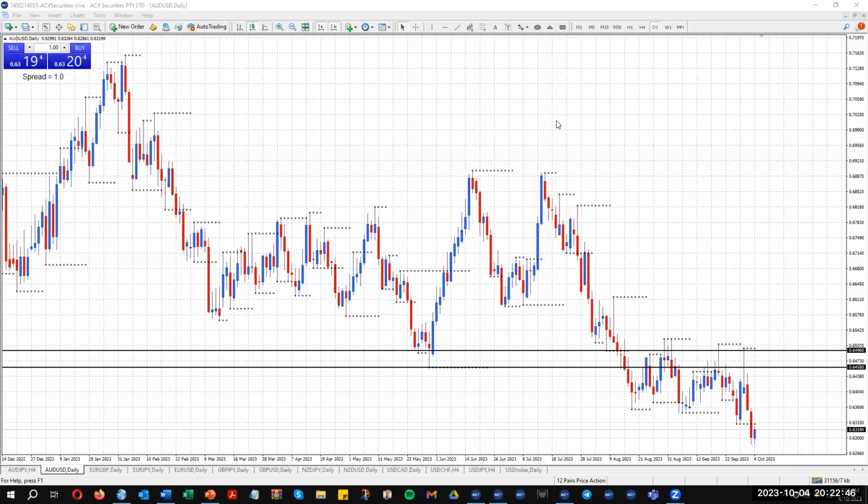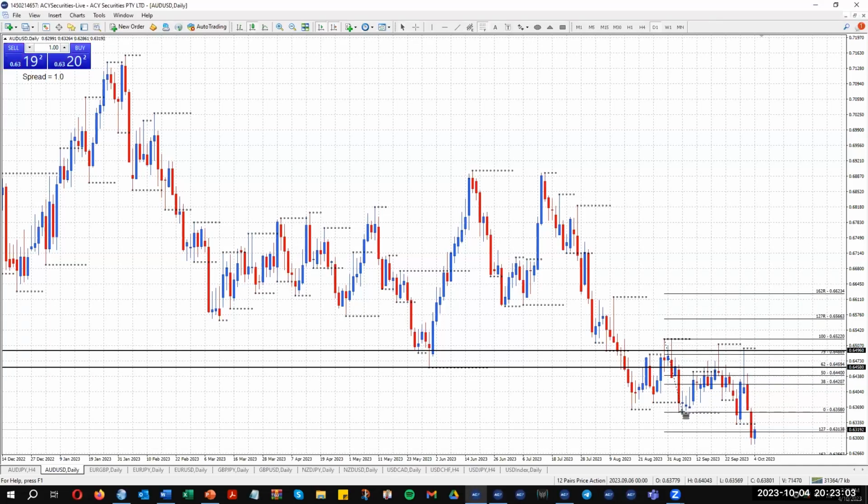So with that information, what's been happening through the month is we've just been having 79% retracements back to resistance. So the first one was in here. We obviously trade down.